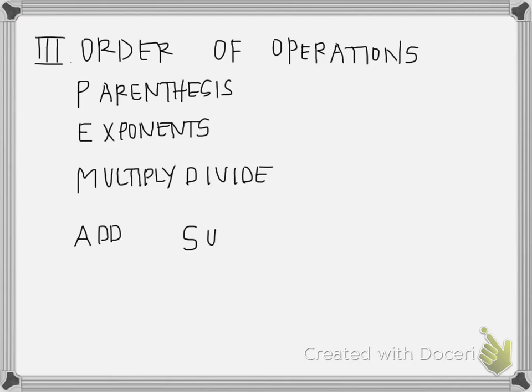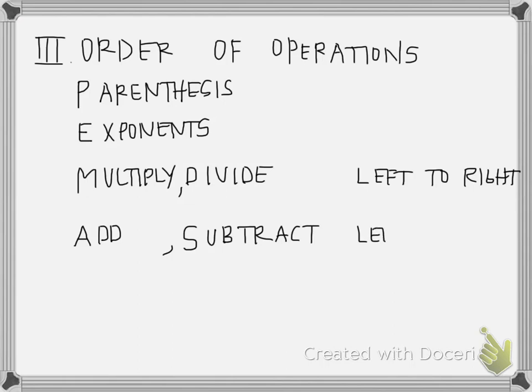And the S would be subtraction. Okay, the reason I wrote the MD together and the AS together is that if you had just multiplication and division in a problem, you're always going to work left to right. Okay, same thing with just addition and subtraction, you're going to work left to right.